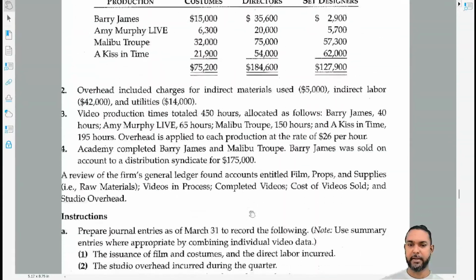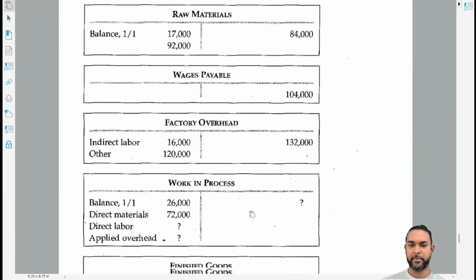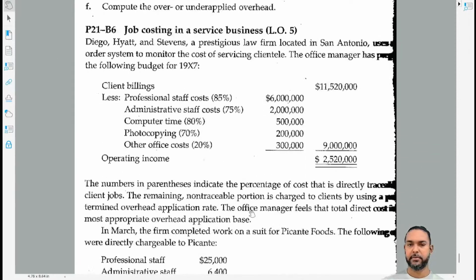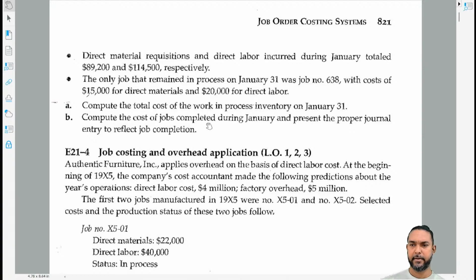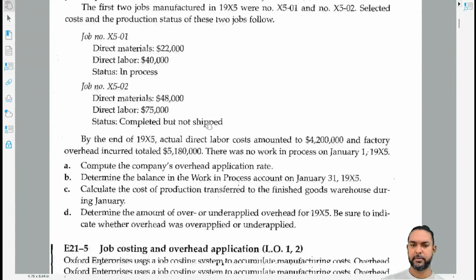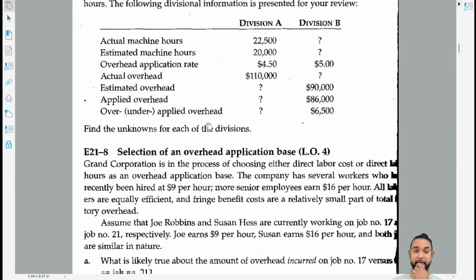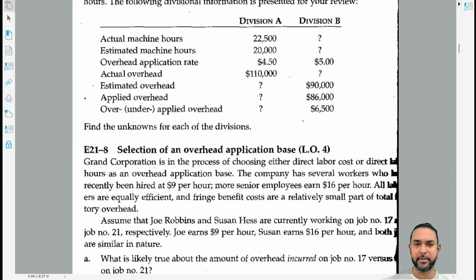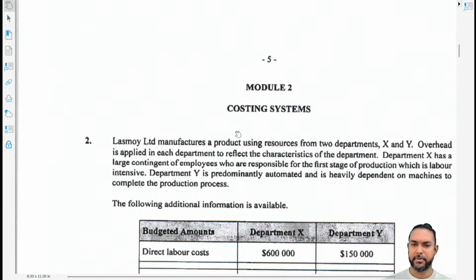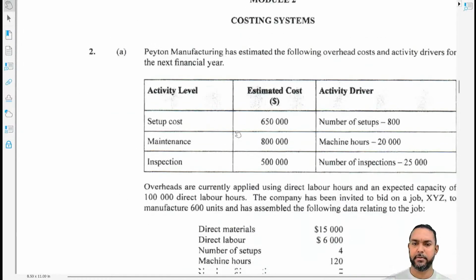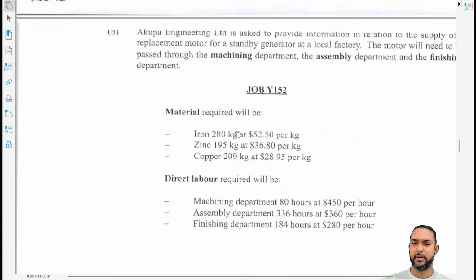Academy, Madison Brothers, job costing in a service business. Okay, now hold on, something's wrong. Regional, authentic Oxford. Okay, apparently I can't find Regional. Let me go back to the thing here. Lucas. I'm pretty sure it's not any of those. Peyton, we did that already. Daily, Cooper.